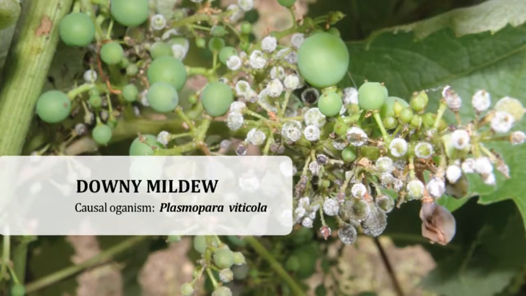Next important disease is the downy mildew. It is caused by Plasmopara viticola. Now coming to the symptoms of the disease. Symptoms appear on all aerial and tender parts of the vine.